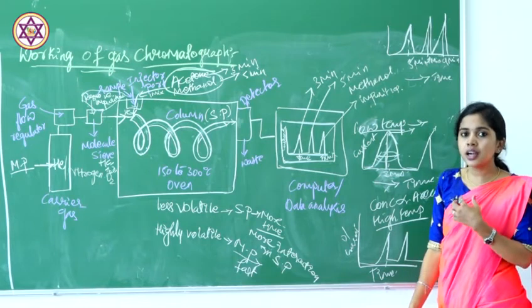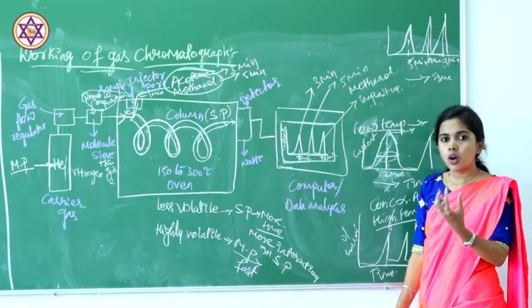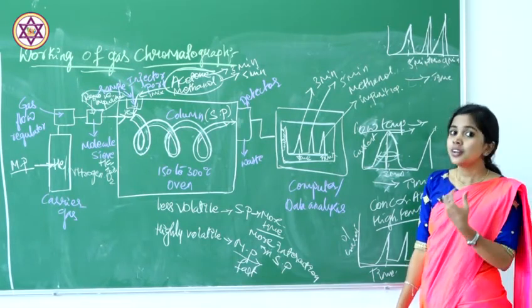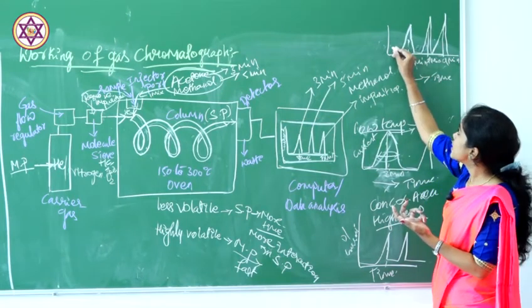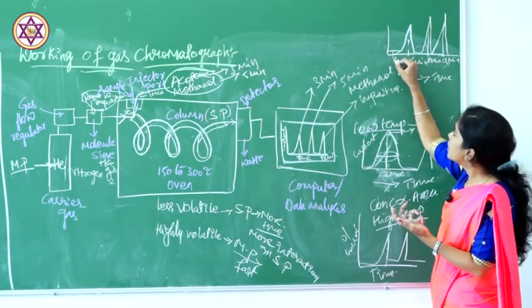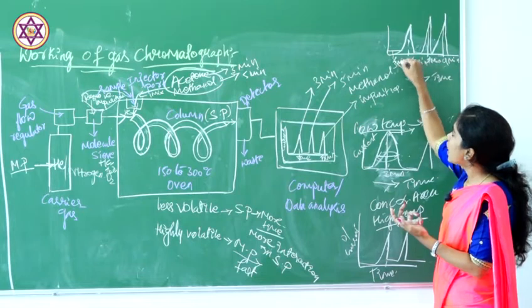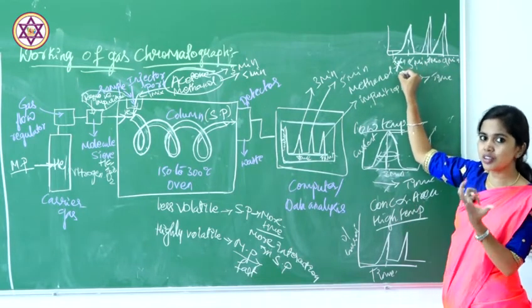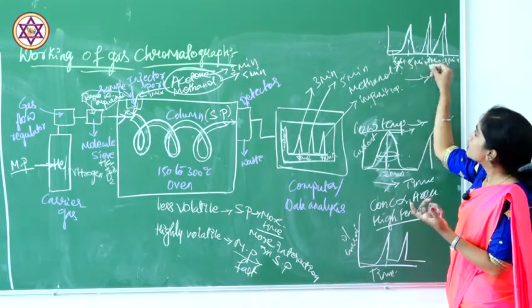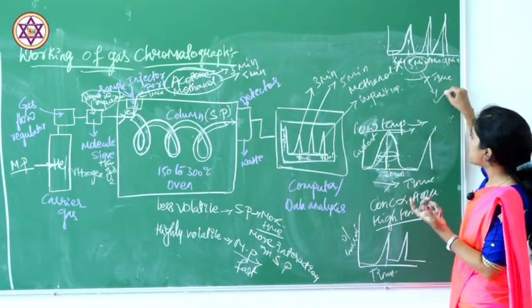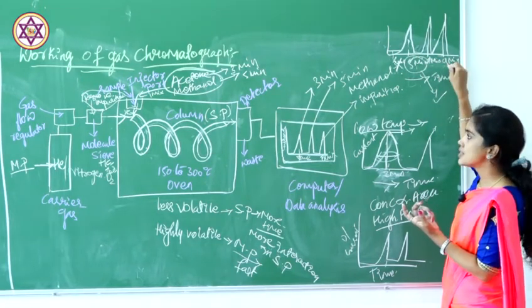I will consider that the given mixture contains acetone and methanol, but we find there is no peak at the 3 minutes. Therefore, acetone is absent in the given sample. We observe that methanol is present. I don't know about the 7 minutes.